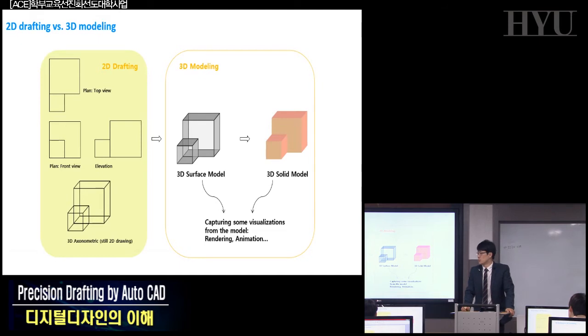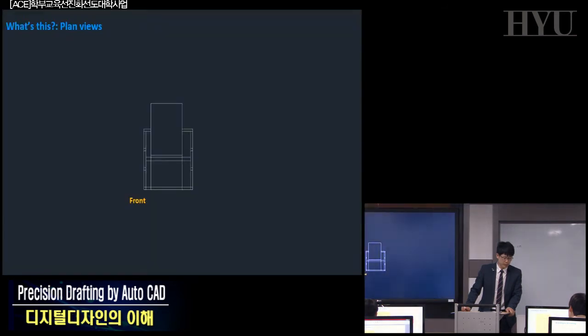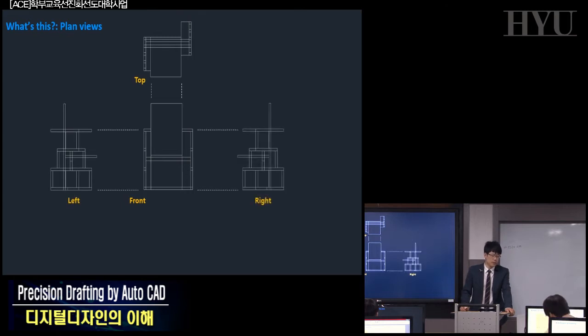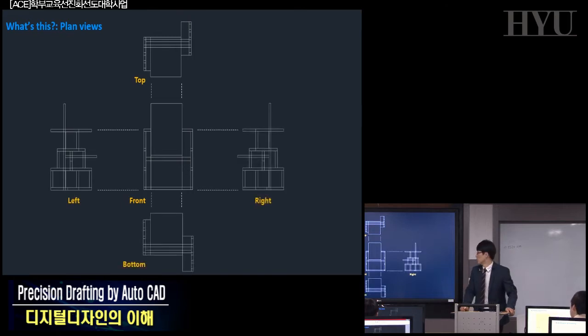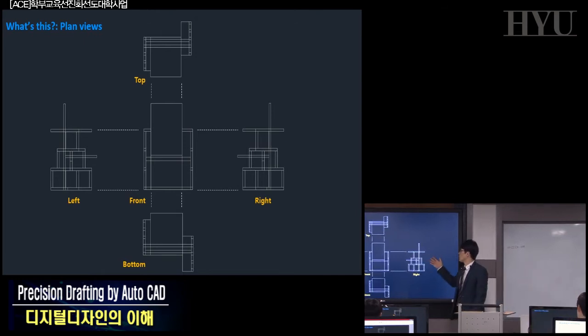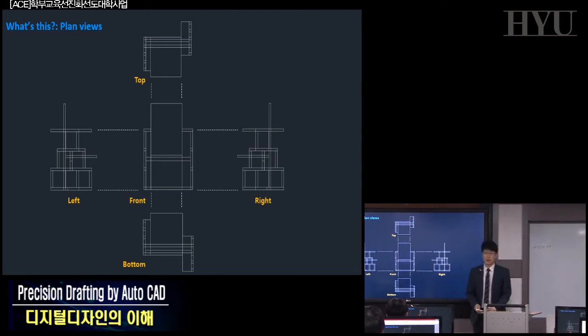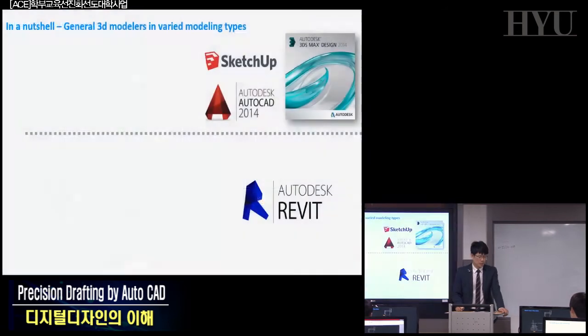So we need to take a look at and learn this kind of drafting. As we reviewed before, front view, top view, left view, right view, even bottom view, this kind of typical representation is the easiest and most powerful way of making a real-world 3D object.